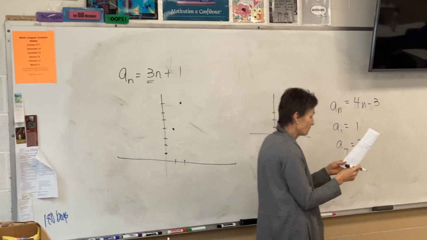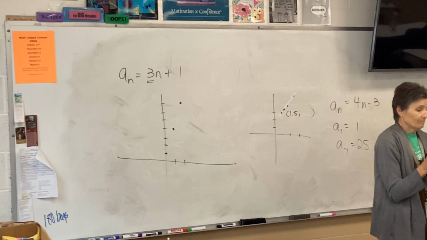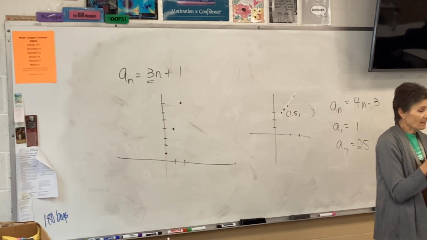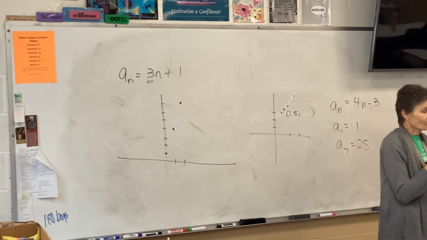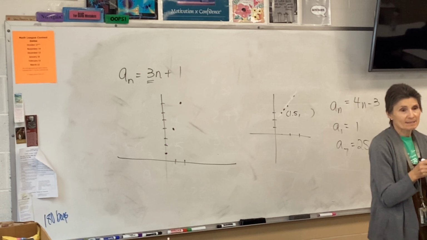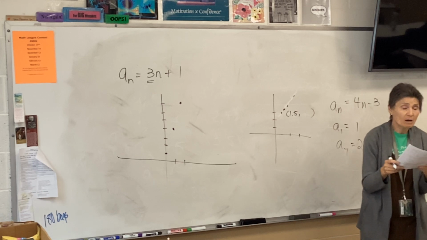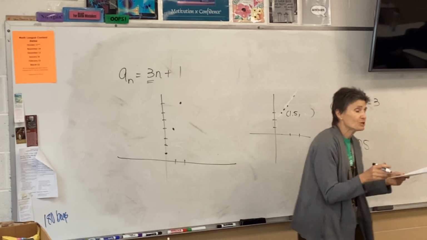Example 2: for each of the following, determine if it's arithmetic. What do you think about A? Well, my absolute gut feeling is no way, Jose, because it's got a squared in it. But if I'm not sure, what could I do to check?